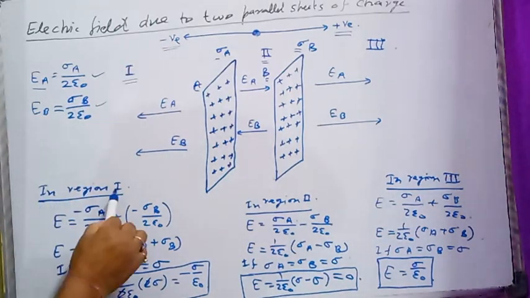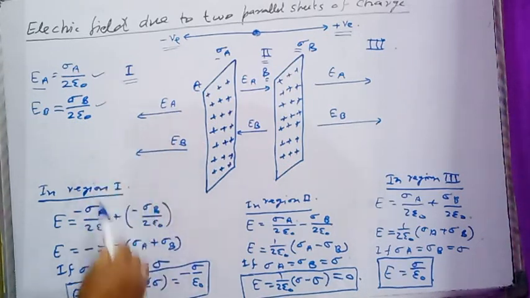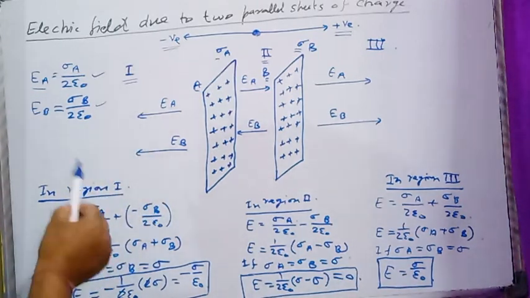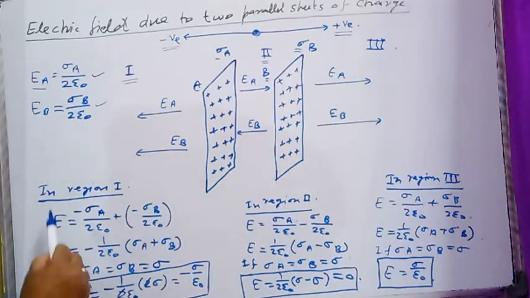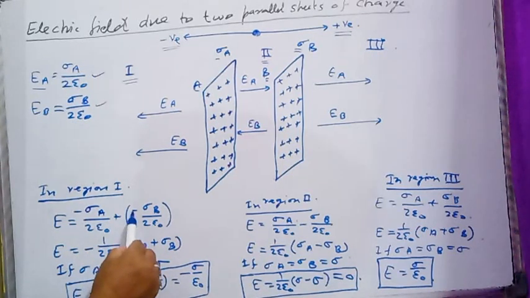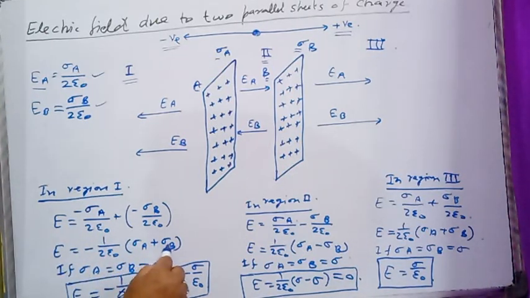So see, in region 1, both the electric fields EA and EB are towards negative x-axis. That is why they are to be considered negative. So what can be the value of total electric field in region 1? E is equal to minus sigma A divided by 2 epsilon naught plus minus sigma B divided by 2 epsilon naught. If we take common, minus 1 by 2 epsilon naught times sigma A plus sigma B.